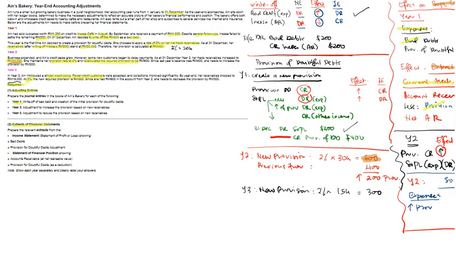Compare with the previous year 2 provision, which was 600. The difference between the two is a 300 drop of provision. So if you remember, we mentioned earlier, the drop will be considered as other income. Income will always be credit.